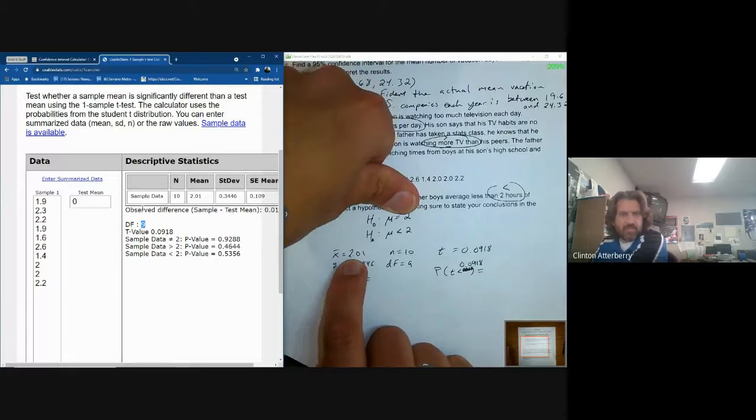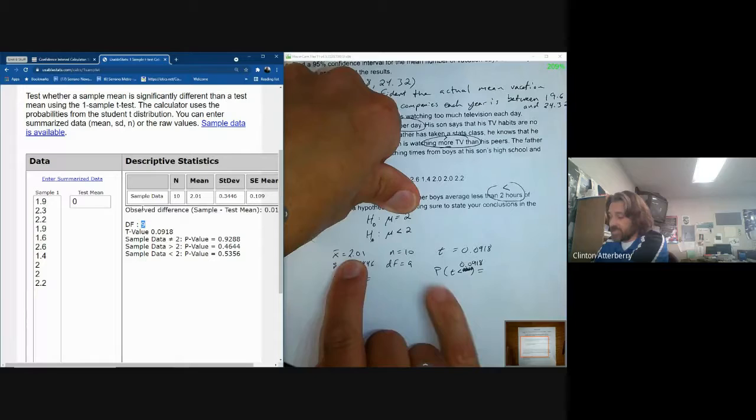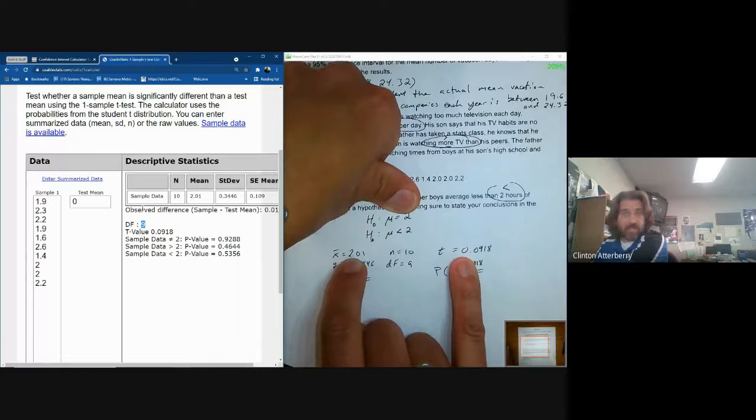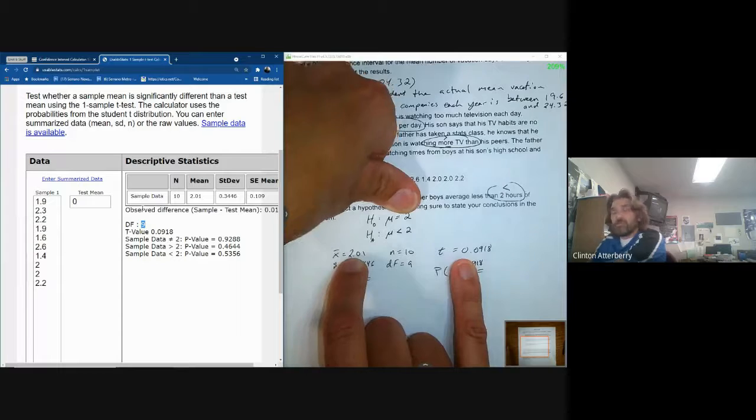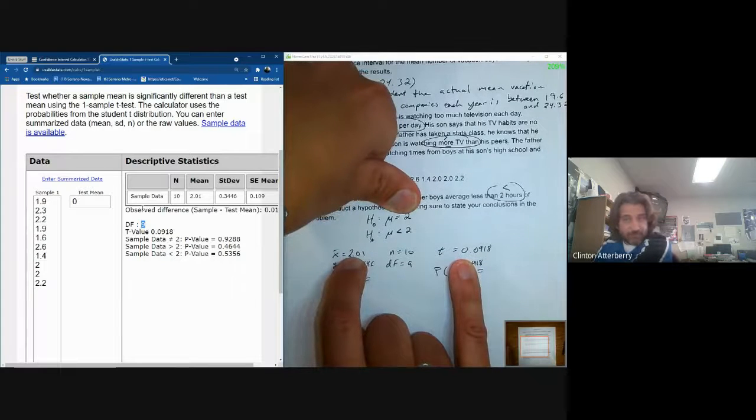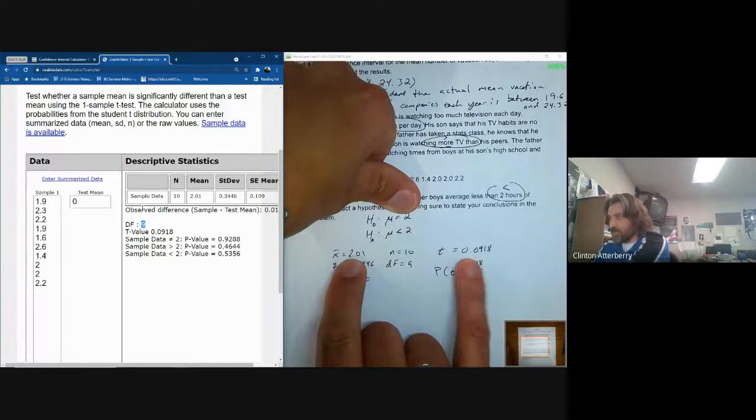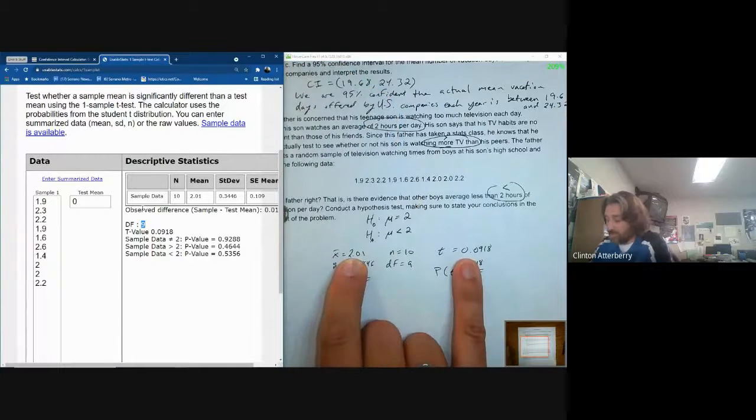So a z-score or a t-score of 0 means it's pretty much on average. If these t-scores and z-scores are big, like 2, 3, 4, 5, far from 0, or at least further from 0 than 1 or 0.01, those bigger numbers mean you're further away from average, and it means you'd need a lower probability of that happening. So having a t-score of 0.0918 just makes sense, because it's pretty much right on average.